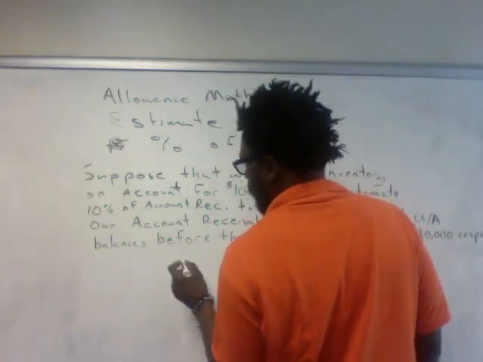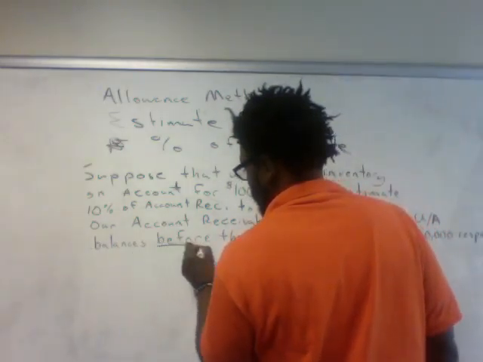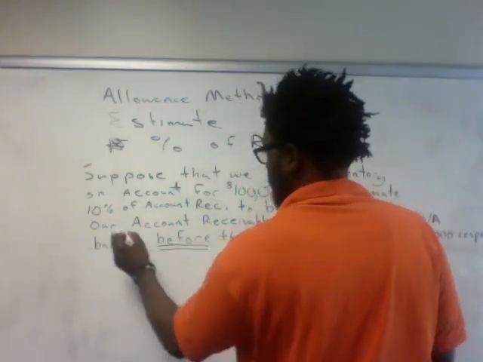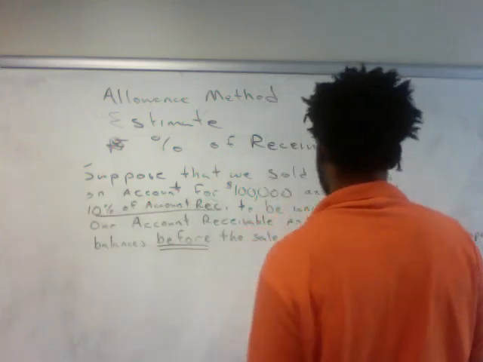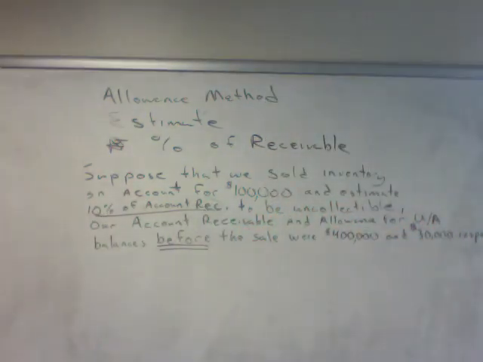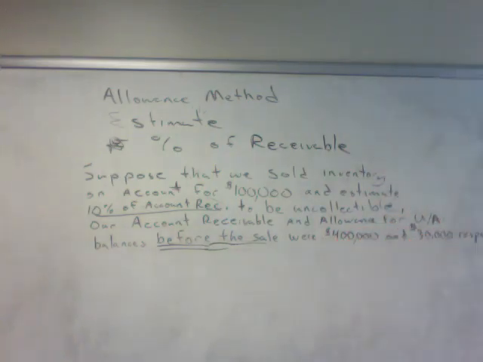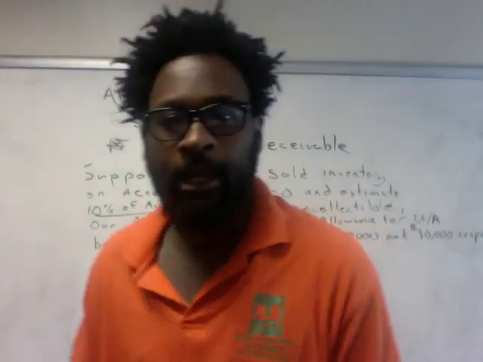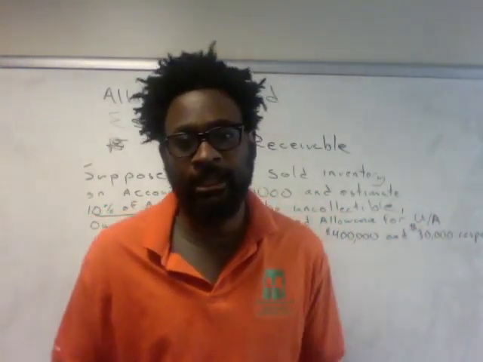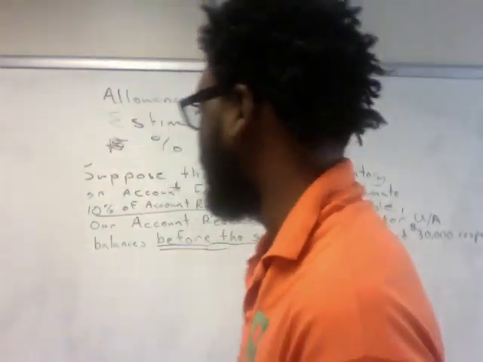So, a bunch of keywords, right? Before, 10% of accounts receivable. That's what we can work with right now. Okay? So now we're trying to make the estimate, and this time it's percentage of receivables. How do we know?